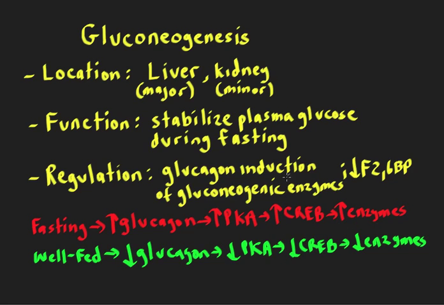Now, insulin might suppress gluconeogenic enzymes too, and so if insulin is low, that also might help get more of these enzymes going. Now, the other consideration is the fructose 2,6-bisphosphate, which we discussed in the glycolysis video. Remember that that's not only a regulator of PFK1, but it's also an inhibitor of fructose bisphosphatase 1.